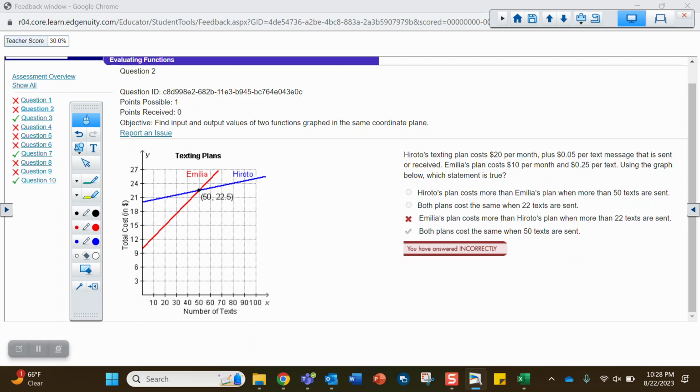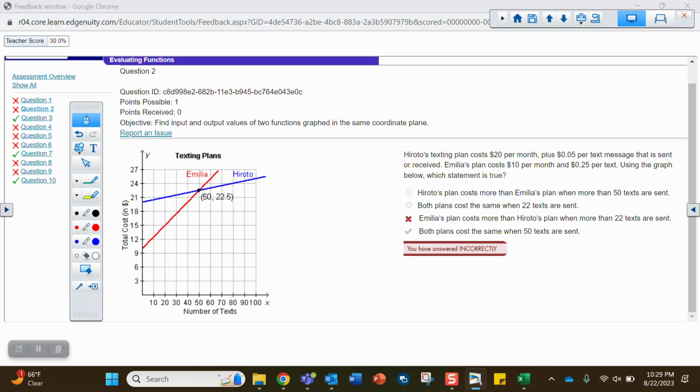But because she is charged more per text message, eventually you can see that after a certain number of text messages, her plan then becomes more expensive. You can also see the point where those two lines intersect, and that is where they cost the exact same amount for the exact same number of texts.